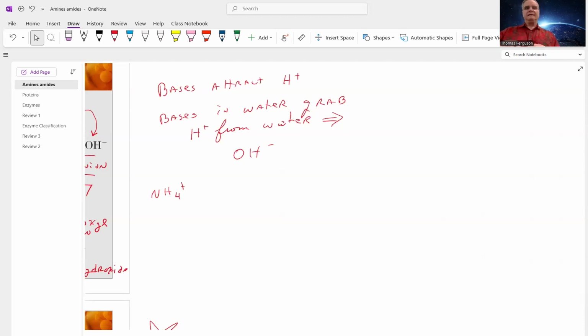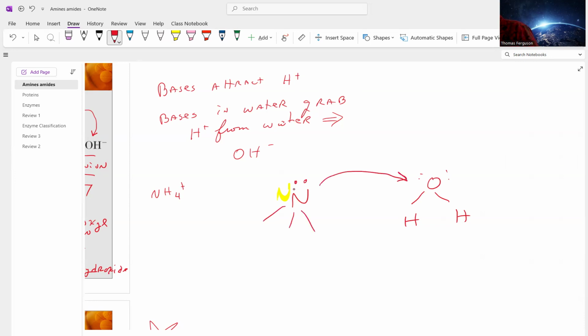Or the nitrogen can grab hold of water, and that nitrogen and water molecule becomes one.